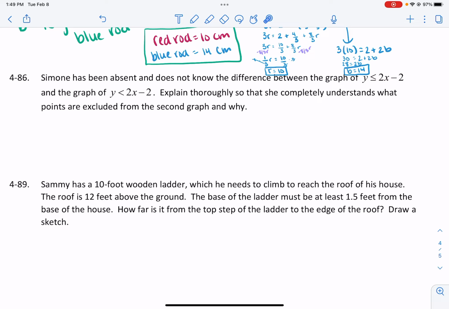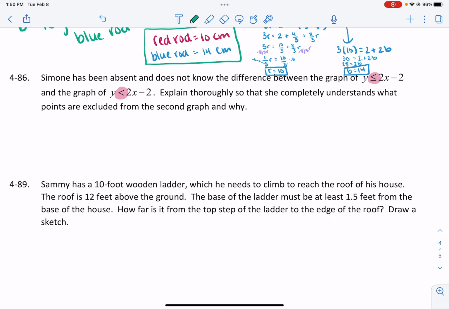Okay, so really the main difference here is that y is less than or equal versus just less than. Okay, so the points of this line, they're both the same except everything that's on the line will be excluded from this one. Okay, everything on the line will be excluded because it's not equal to.